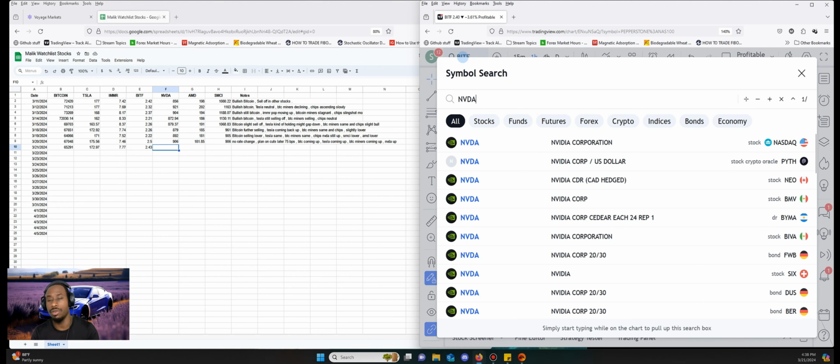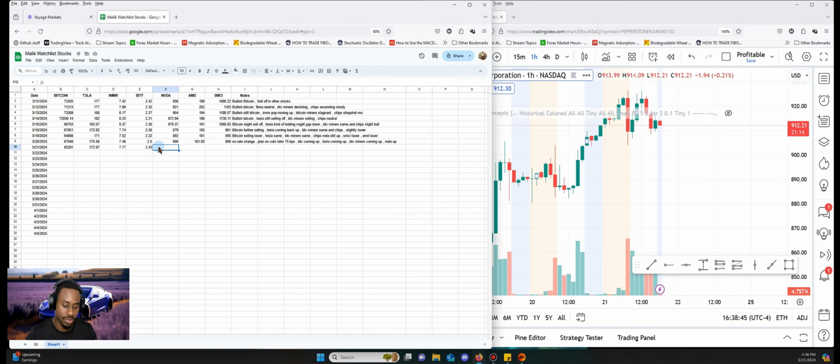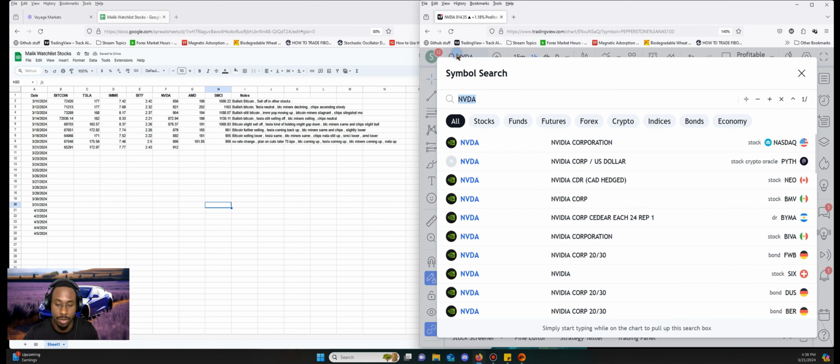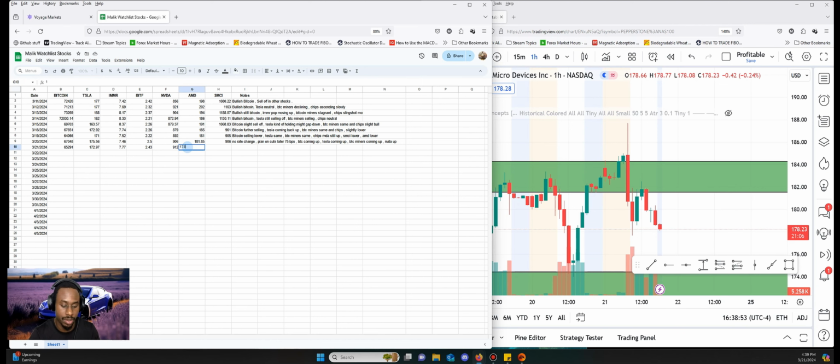Nvidia, I would say if the market is kind of higher or kind of holding up, Nvidia will be doing good. Nvidia is at 912, so it only moved up $12, which isn't really anything when it comes to a $900 stock. AMD coming down a little lower at 178.